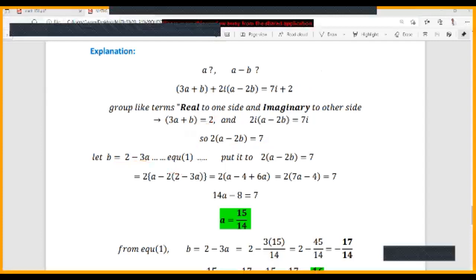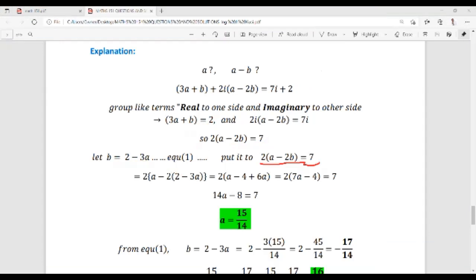So now we can put our equation 1 into this side, this thing here. Because there is B here, in place of B, you can replace it with 2 minus 3A. So that is what I have done here.